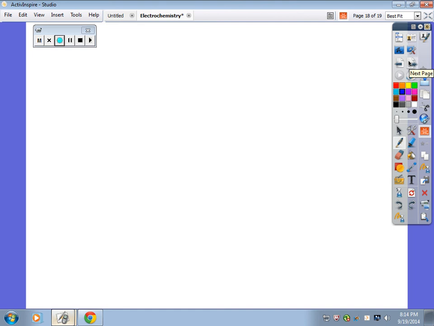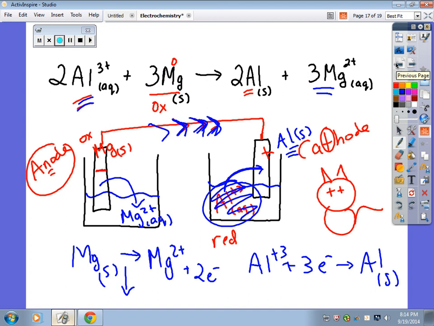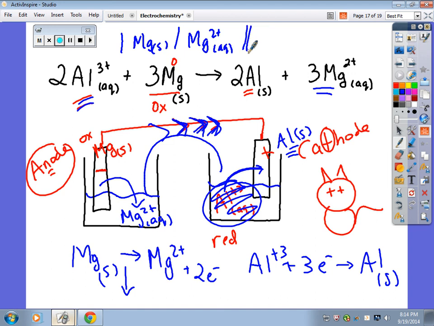Oh, wait, let's do line notation. Okay, this is a mess. So I've got magnesium, solid. Oh, I didn't have a salt bridge either, did I? And I've got magnesium 2+, aqueous, salt bridge or porous disc.